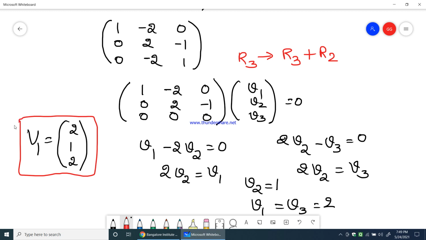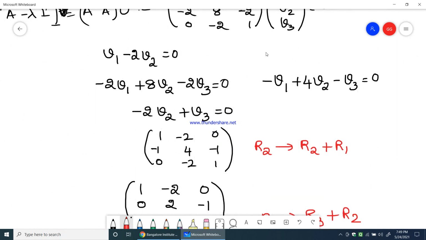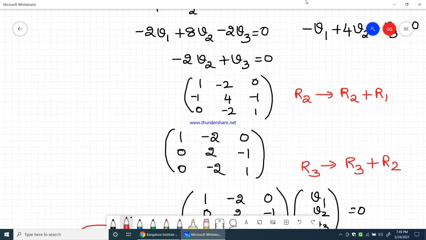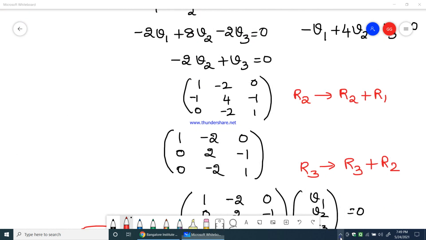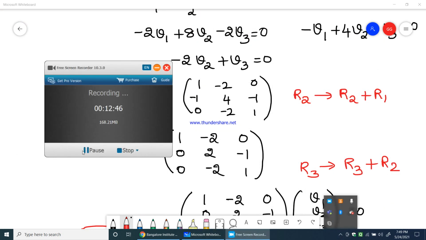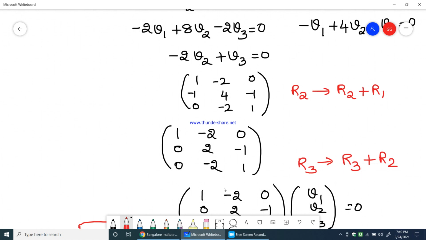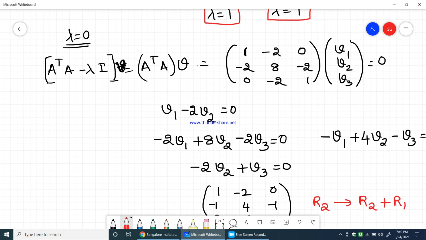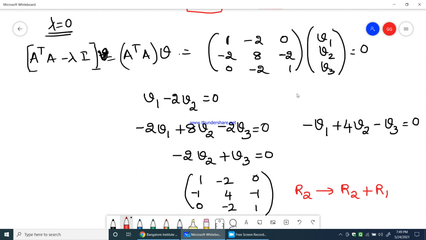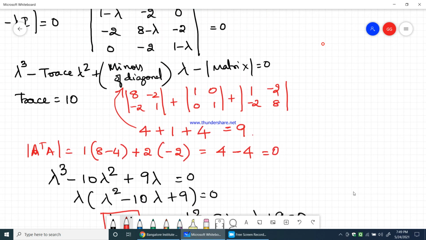Now we'll find out what is the next vector, for lambda equal to 1. We'll take lambda equal to 1, and then we'll see what the matrix is that I get.